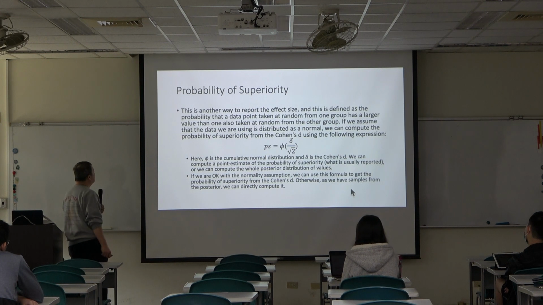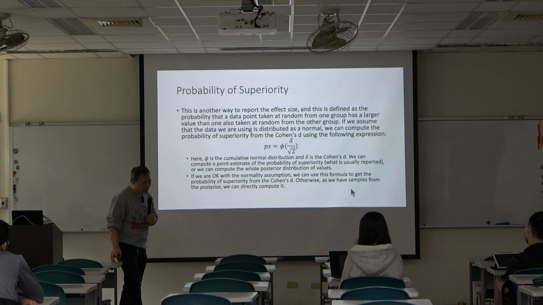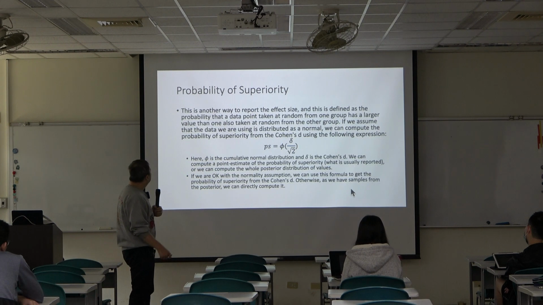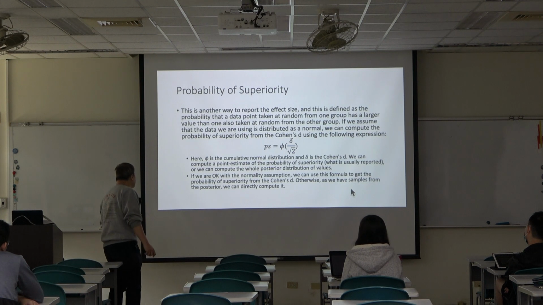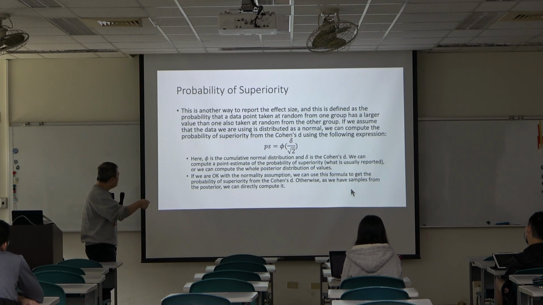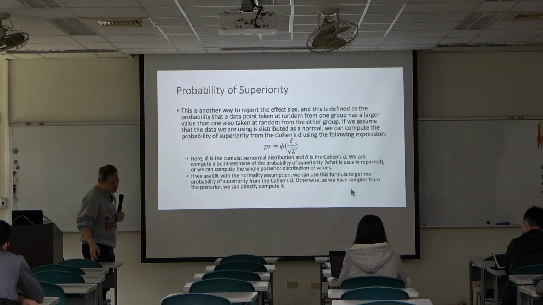Another way to report the effect size is the probability of superiority. What is the probability of superiority? Intuitively, it is defined as the probability that a data point taken at random from one group has a larger value than another value taken at random from the second group.